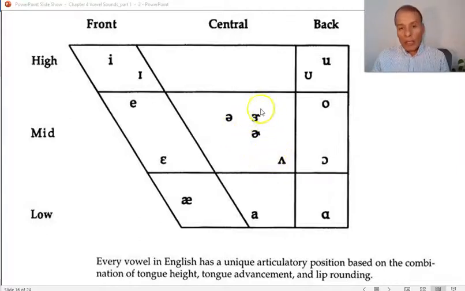Then we have these two symbols. The top one stands for strong as in bird. Stir. I'd like to have a stir fry, or stir fries. Blur. So you see, very kind of tense, and it stands for that sound.